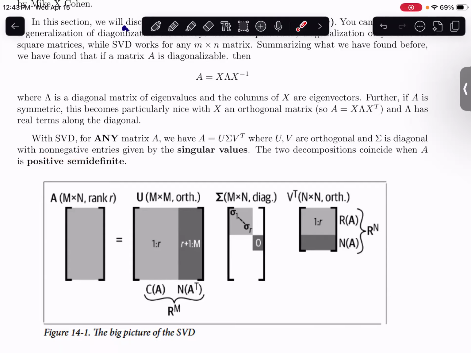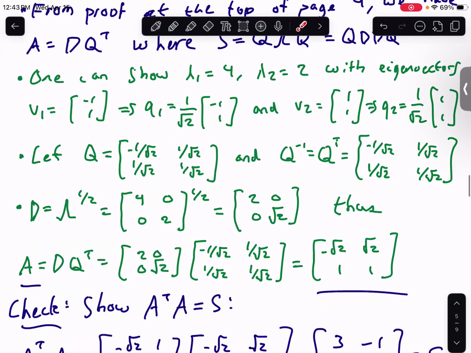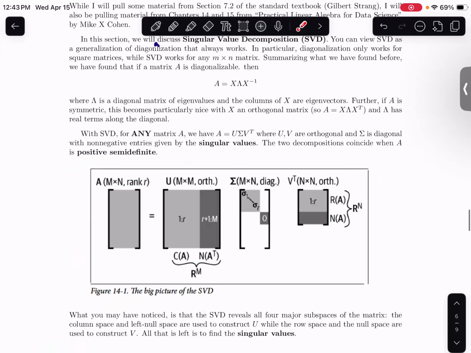We're going to show later on that the singular values are just the square roots of the eigenvalues, which is kind of what we were doing before when we were looking at A transpose times A, right? We were taking this D, which was equal to the square root of the eigenvalues. So these were actually what are called singular values, and they have some nice properties.